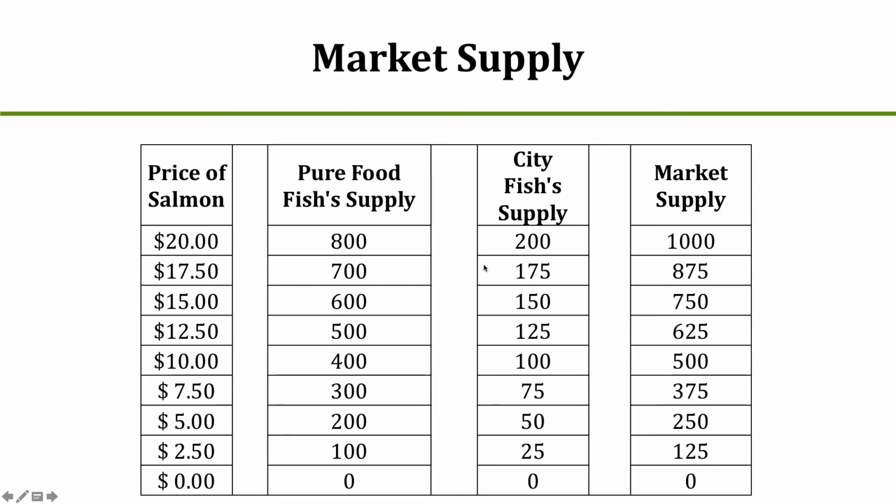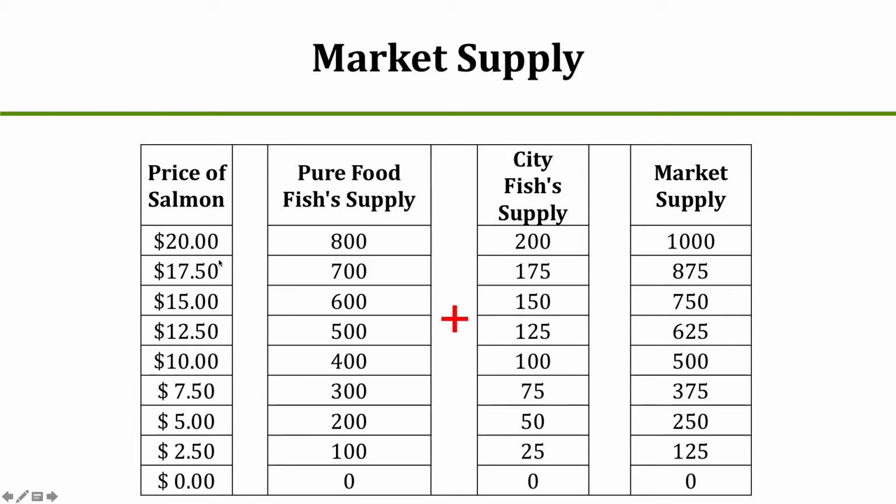Let's imagine if we have only two firms in our market, we can calculate the market supply by summing up the quantity supplied coming from each firm on a specific price, on each price level. So for example, when the price of salmon fillet is $15, the first firm is producing 600 and the second firm is producing 150.